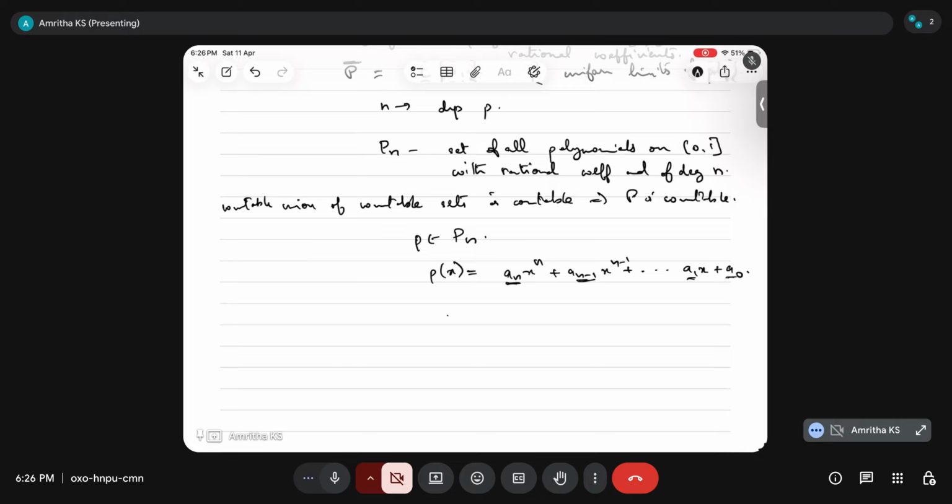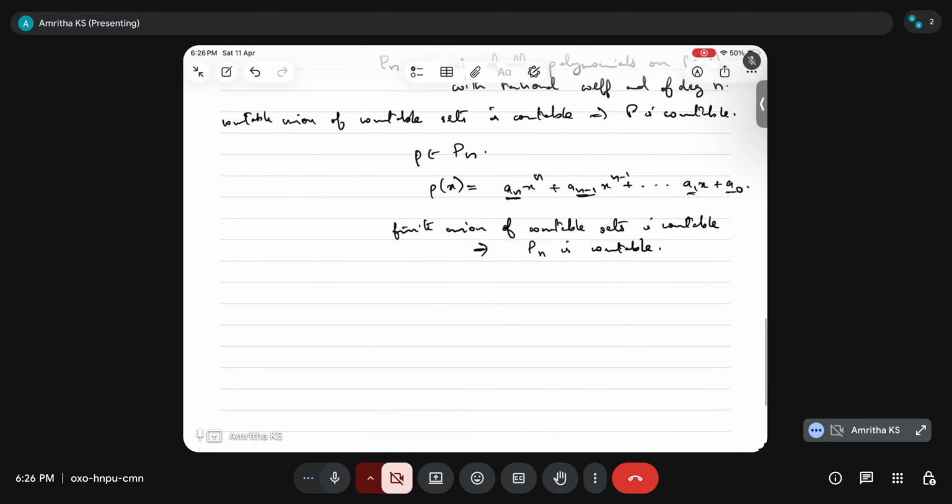So a finite union of countable sets is countable. So this implies that Pn is countable. Okay, so please write them down and try to understand.